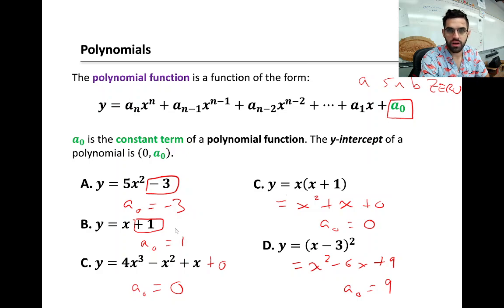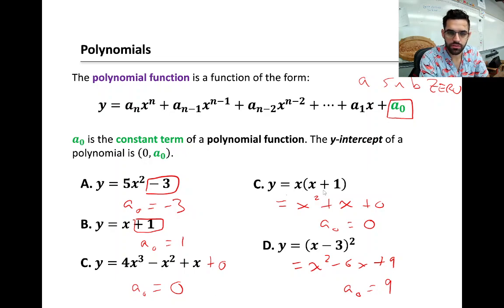Well, that plus b concept applies to all of the polynomials. Okay, example C, there is no constant term, as in all the terms have an x in them. So we could think of it as a plus 0 for the constant term, which means a sub 0 would be 0, which means we're going to have a y-intercept right at the origin.